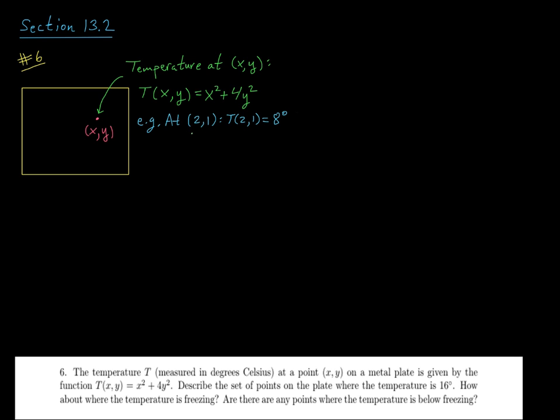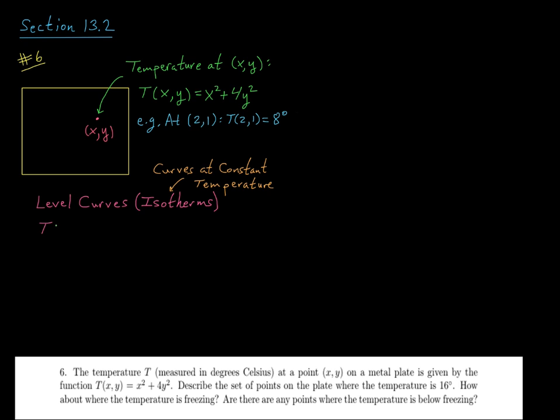Okay, so this is a function of two variables, right? We've been focusing a lot on level curves of these functions. So what would be an interpretation of the level curves in this context? Well, here we're going to be setting our temperature equal to a constant.